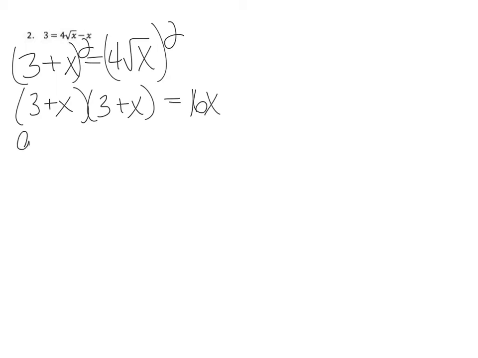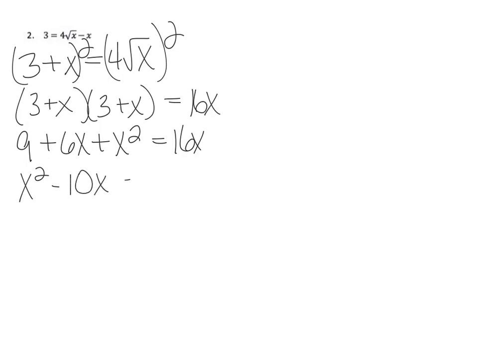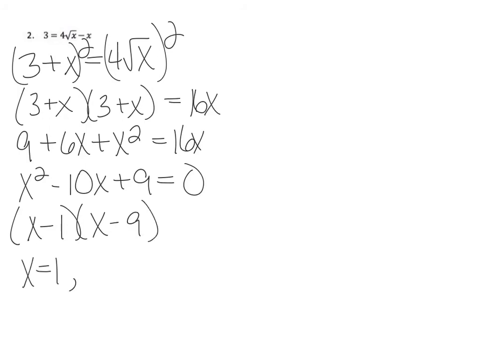This gives me 9 plus 6x plus x squared. Go ahead and get everything on the same side of the equal sign. Subtract 16x, I get negative 10x plus 9, which factors to x minus 1, x minus 9, so x equals 1 and 9.